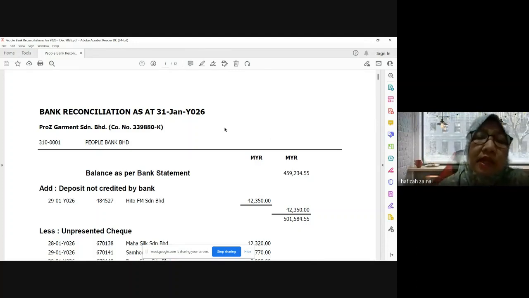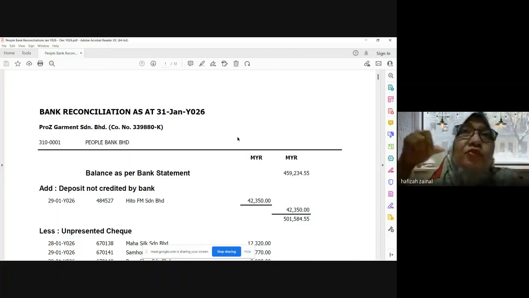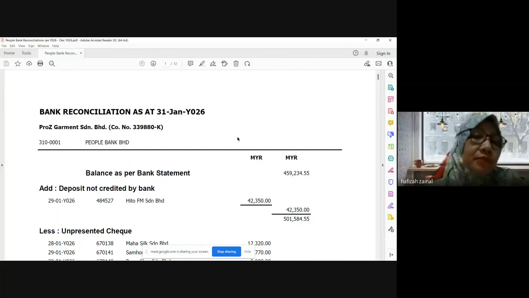Most of the time, one of the good controls is that the bank reconciliation must be done on a monthly basis. That's number one. Number two is that it is prepared by a lower-level executive, and then approved by another supervisor.